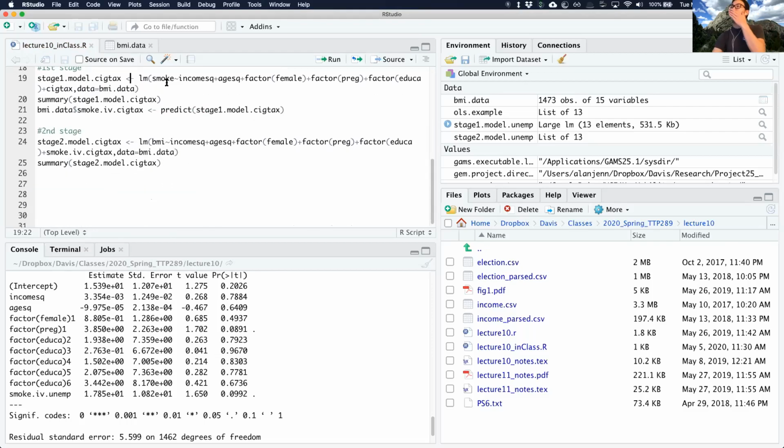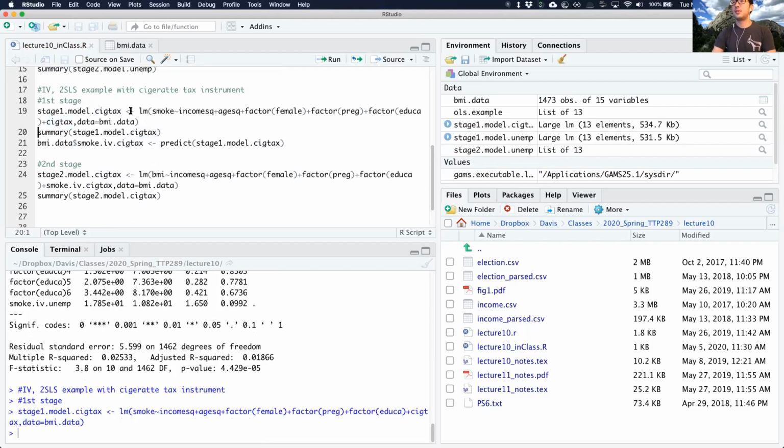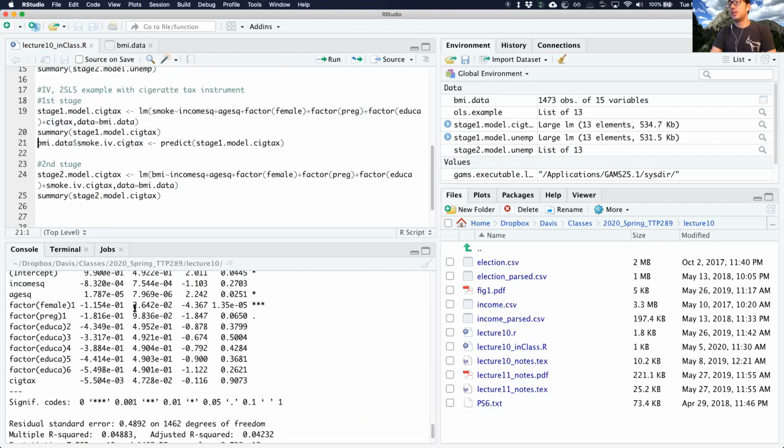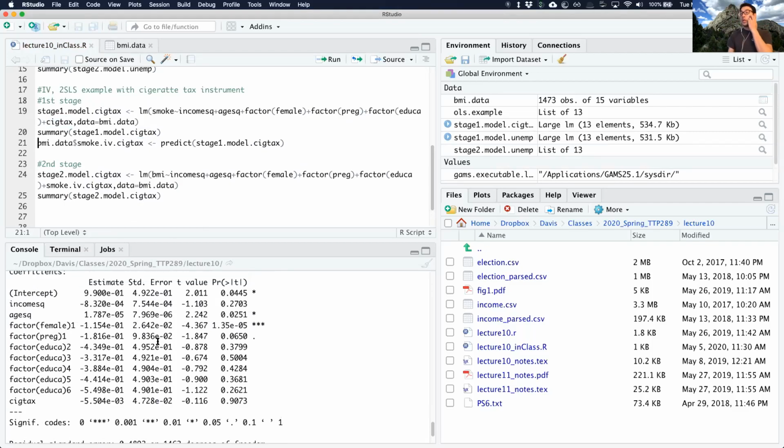In the first stage, we regress on the variable of interest, smoking, and we include our instrument here. Again, this isn't necessarily a super robust check of your instrument.